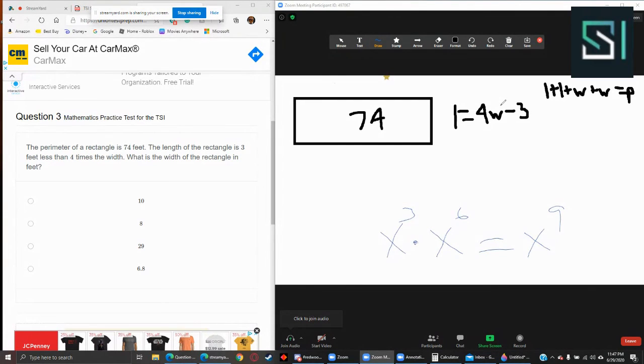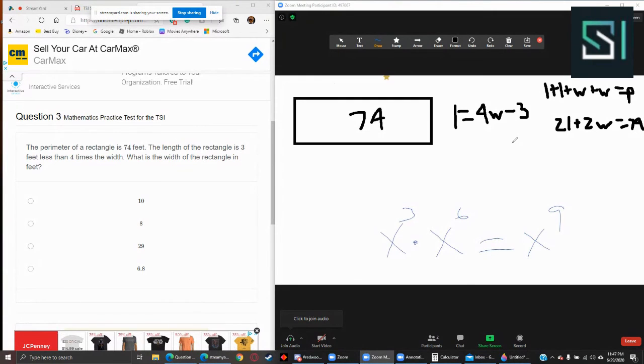Okay, so that's good. And so we know the L, right? So we know it's 2L plus 2W, right? That gives you what? 74. So you might want to write down 2L plus 2W equals 74. And what does that mean?